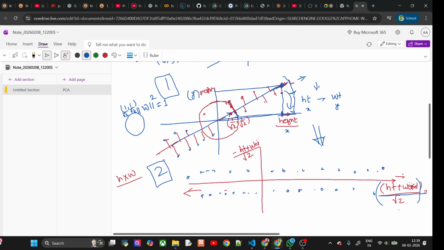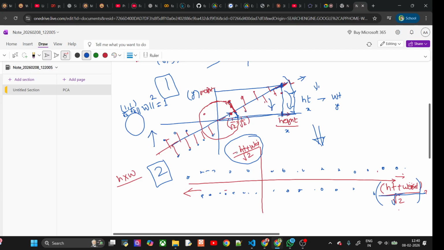In one graph we saw that as height increases, weight is also increasing, meaning there is some relation. But here, if you see, height plus weight under root of 2 divided by under root of 2, because this is the new x axis, if I just increase the points, there is no effect on this. If you are doing like this here, this should go up also, no?